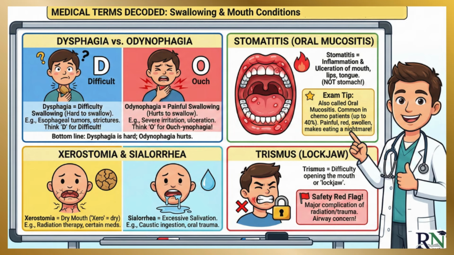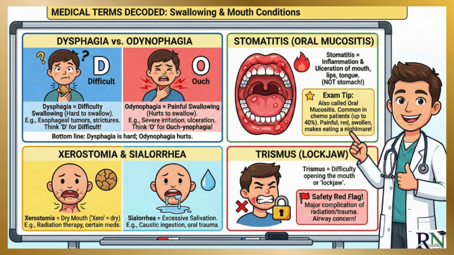Stomatitis is the inflammation of the mouth, so it's oral. For the exam, it's called mucositis, which is common in chemo patients, up to 40%. Painful, red, swollen, it makes eating very difficult.